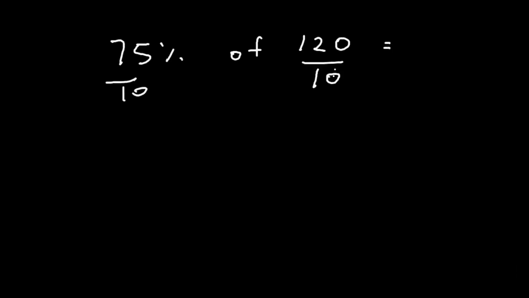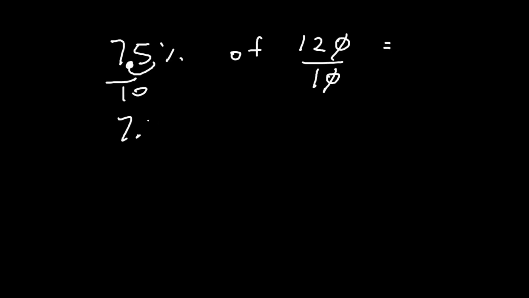Now, try a couple just for you to practice and have them stick to you. All right, so let's do 75% of 120. Very interesting. In this one, I'll use 10 and 10 over here. I can quickly cancel out the zeros and move one decimal place over here.